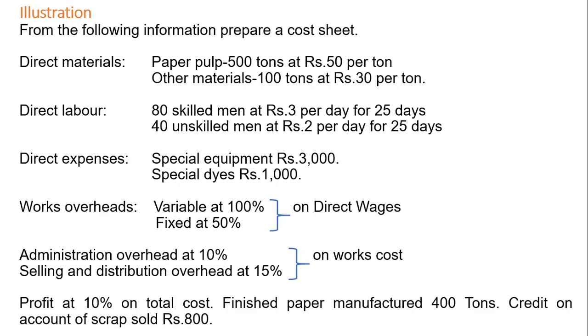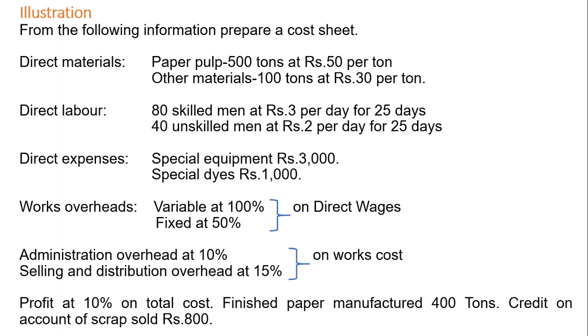First, let us concentrate on the given illustration. Following information is provided with respect to preparation of cost sheet of a paper manufacturing industry. Observe the titles given. Direct materials. It's not given as a full amount. There are certain items which are usually used in paper manufacturing industry.